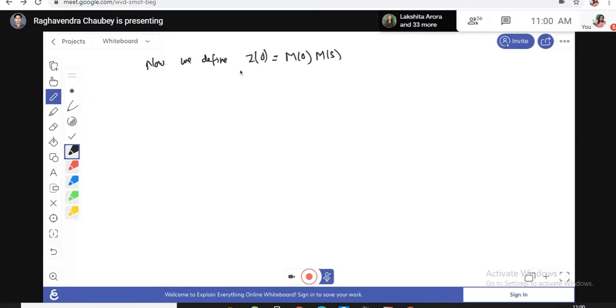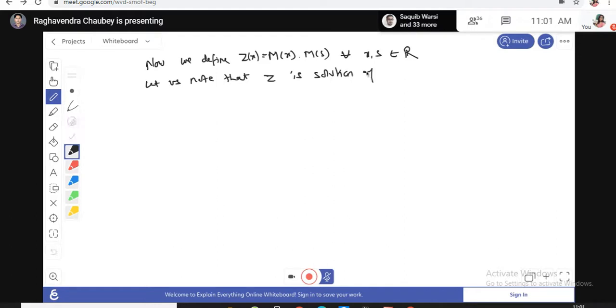If we define this function, which is M(x), from equation number 2, as the product of these two, say z(x), for all x and s belonging to R, let us note that this z is a solution of equation 2.